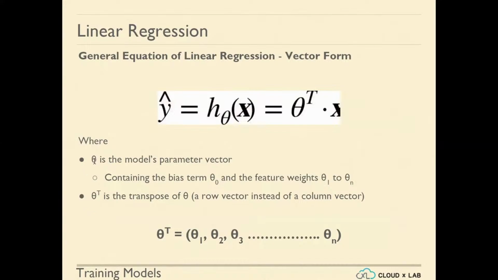So theta, as I said, is nothing but an unknown vector, and theta transpose will be a row vector, right? Okay, so here I think theta 0 is missing, so theta 0 must be there, right?